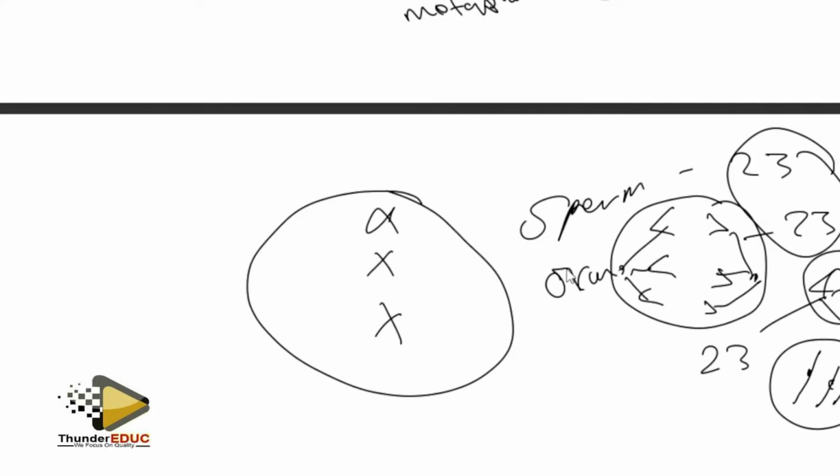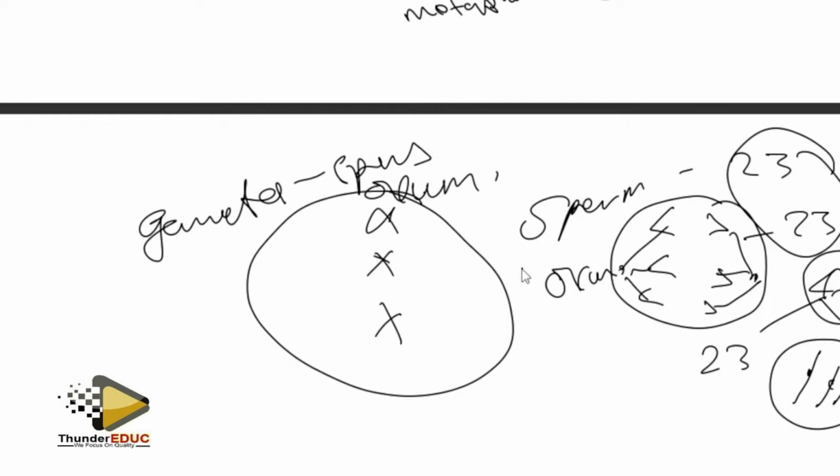Number 2, the major importance of meiosis is to produce gametes. Gametes are the sperms and the ova, or ovum. Number 3, where does meiosis take place?